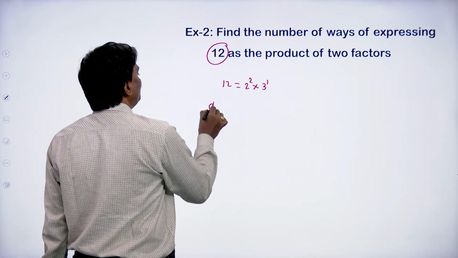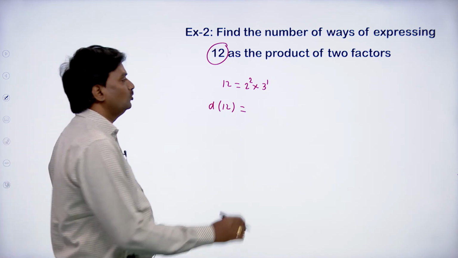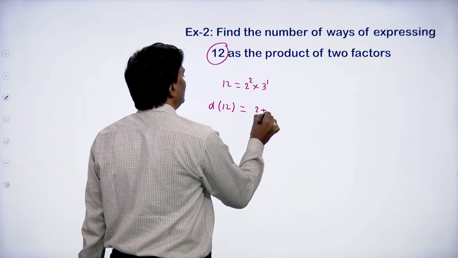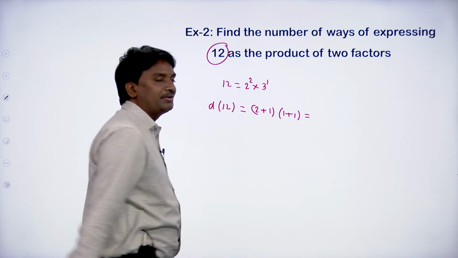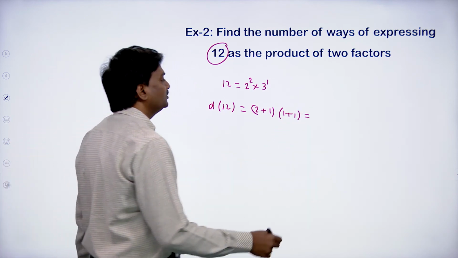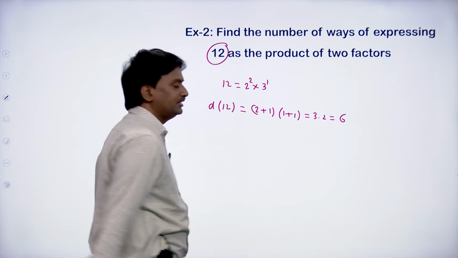If you want to find d(12), it is (alpha 1 + 1) into (alpha 2 + 1). Here 2 + 1 is 3 and 1 + 1 is 2. So that is 3 into 2, equal to 6.